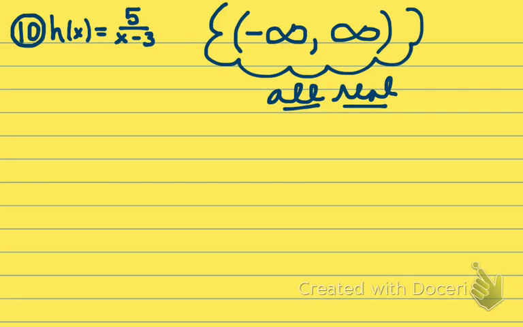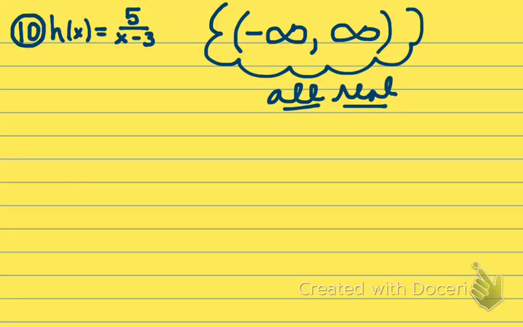So what you're going to do, as I state on page 2, and if I keep referring to page 2 and you can't remember what I'm talking about, you might want to pause the video and look back. We're going to look for typically a square root or other even root of anything in an equation, or something like we have here on number 10 where we have an x in the denominator.